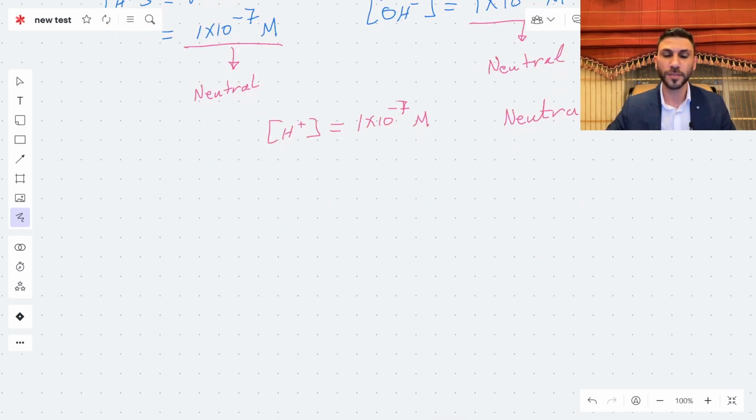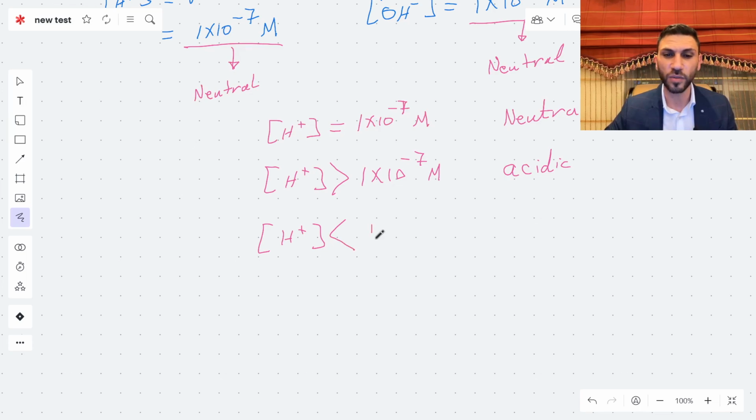And when H positive is greater than 1 times 10 to the power of negative 7 molar, the solution should be acidic. And when the H positive is less than 1 times 10 to the power of negative 7 molar, the solution is basic.